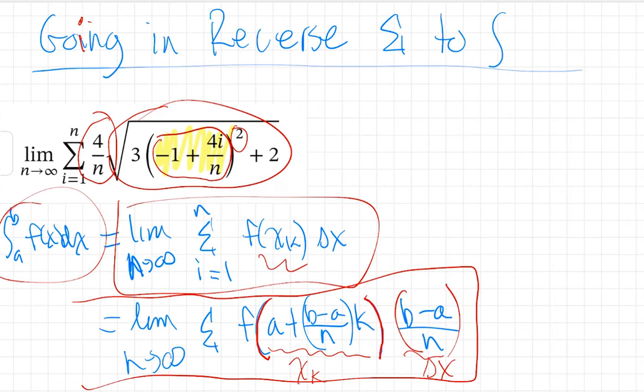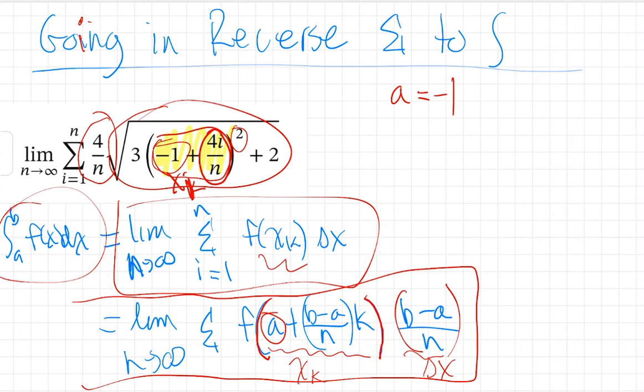The first value in that is always a. So in this case, a equals -1. What is this part here? 4i over n. In this case they've used xi. It doesn't matter; you have to be able to use both i and k for that value.